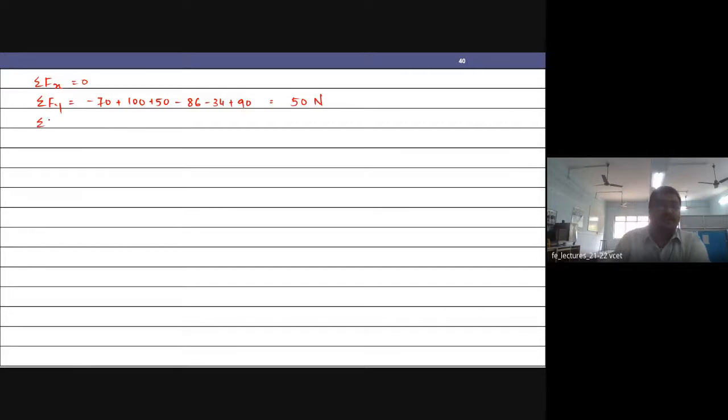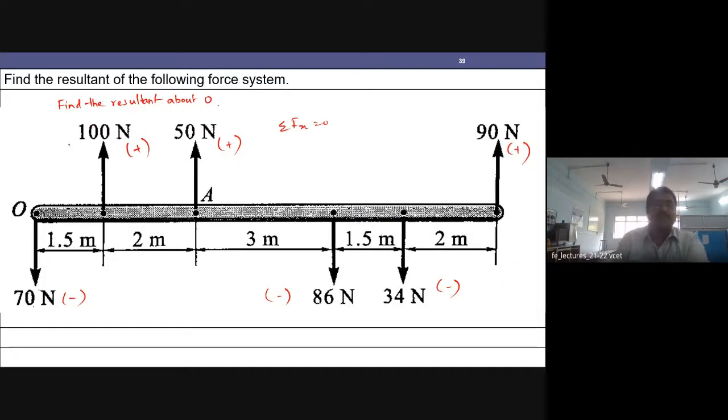Next, I have to find sigma Mo, the moments about the point O. What is the moment of the force 70 Newton? Can you tell me? 0. Why do you think it is 0?